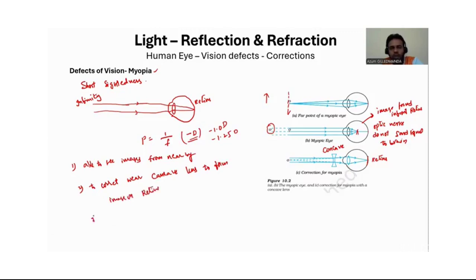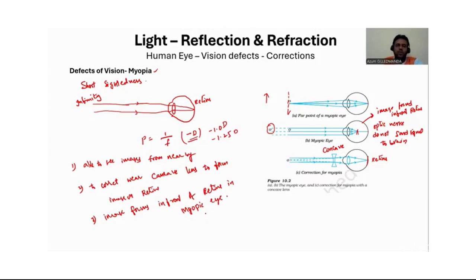So in a myopic eye, what will happen? The image forms in front of the retina, in the myopic eye.